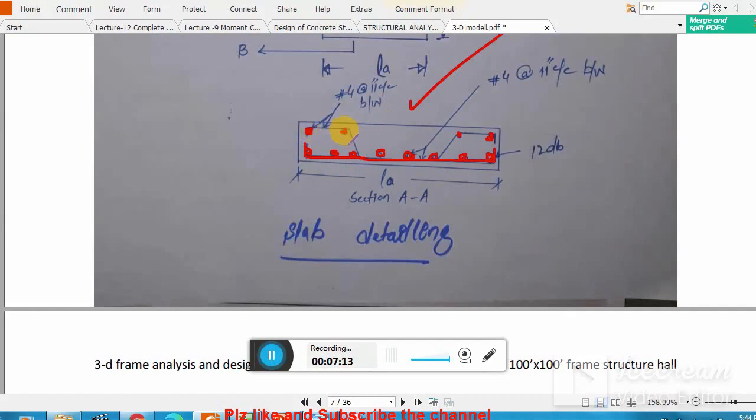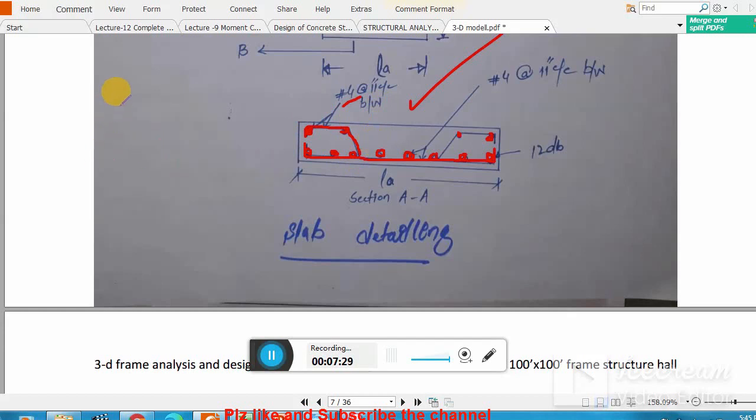And here you see, these are just supporting bars, number 4 at the rate of 11 inch center to center both ways. Now you see the bent up bars. These are alternate bent up bars.